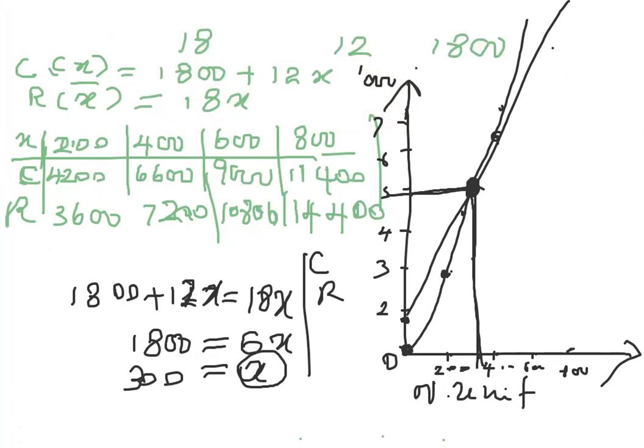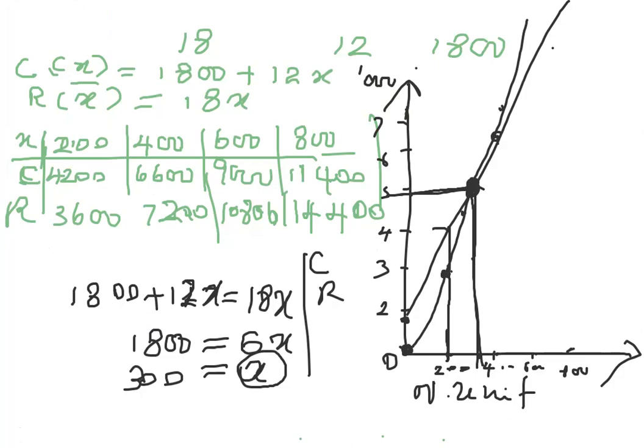Here it is very clear. Through the graph you can understand it correctly. When the number of units equals 200, we start from this 200 and draw a vertical line to the cost function and also the revenue function.